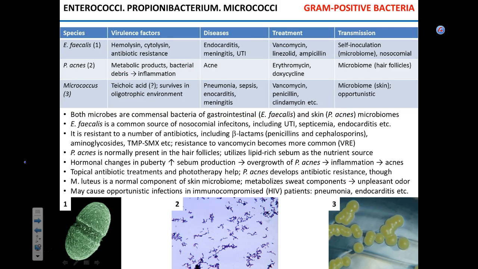Now, enterococci, Propionibacterium, Micrococcus. Enterococci, Enterococcus faecalis and Enterococcus faecium, which I don't list here, are a normal component of the human microbiome in the gut. They're present there, okay? However, when they leave the intestines, they may end up in the most uncommon places, causing diseases like urinary tract infection.